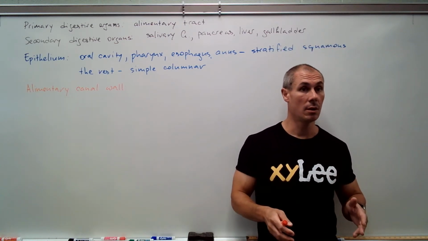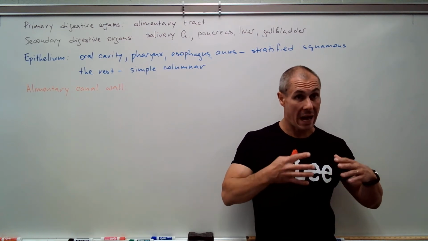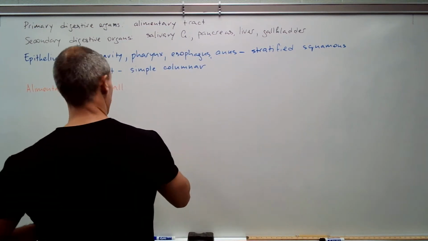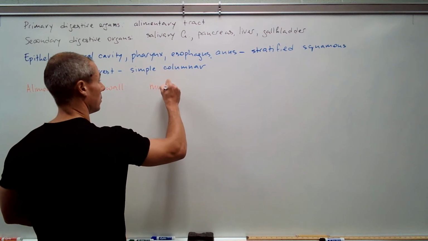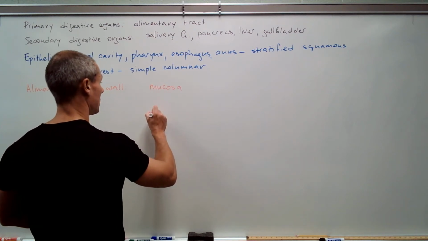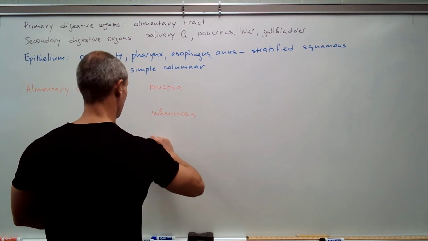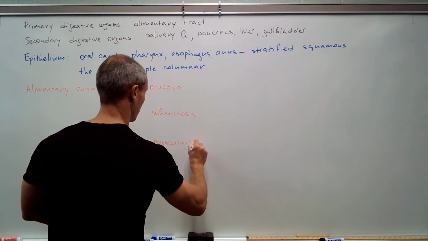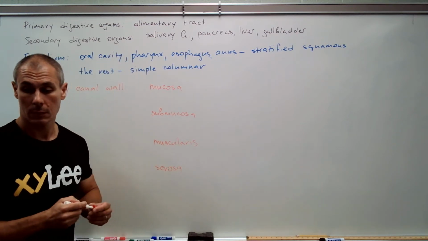The esophagus is different, and we can't really talk about a wall of a mouth or pharynx because it's much more complex. But there are four main layers. So you've got mucosa, submucosa, muscularis, and serosa.